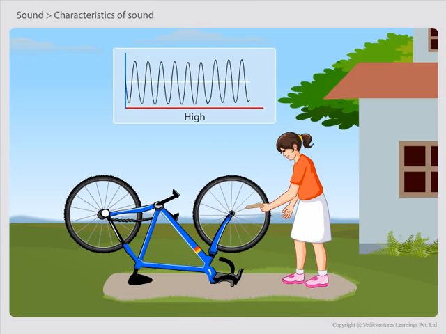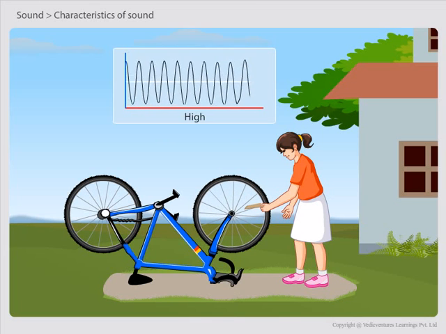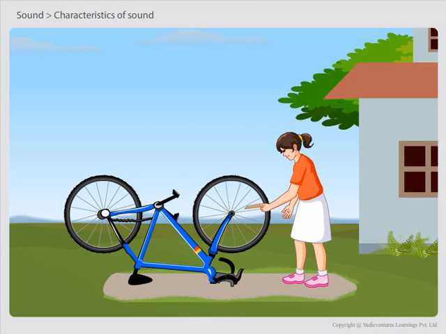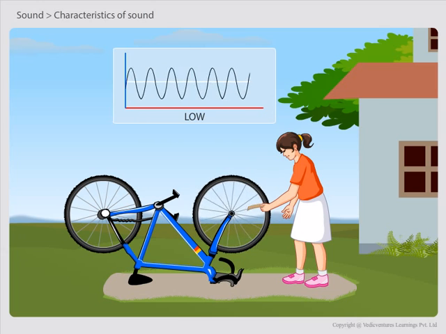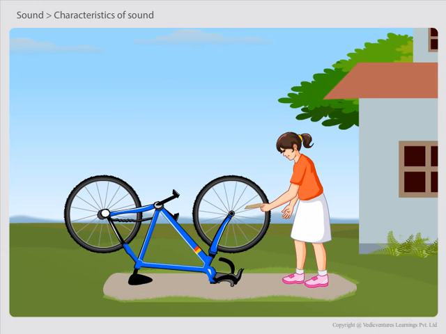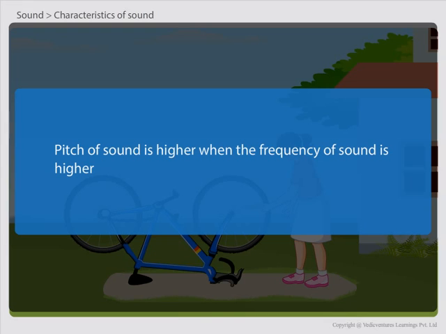Hence, high-pitched sound is produced. When the wheel rotates slower, low-frequency vibrations are produced. Hence, low-pitched sound is produced. So we can conclude that pitch of sound is higher when the frequency of sound is higher.